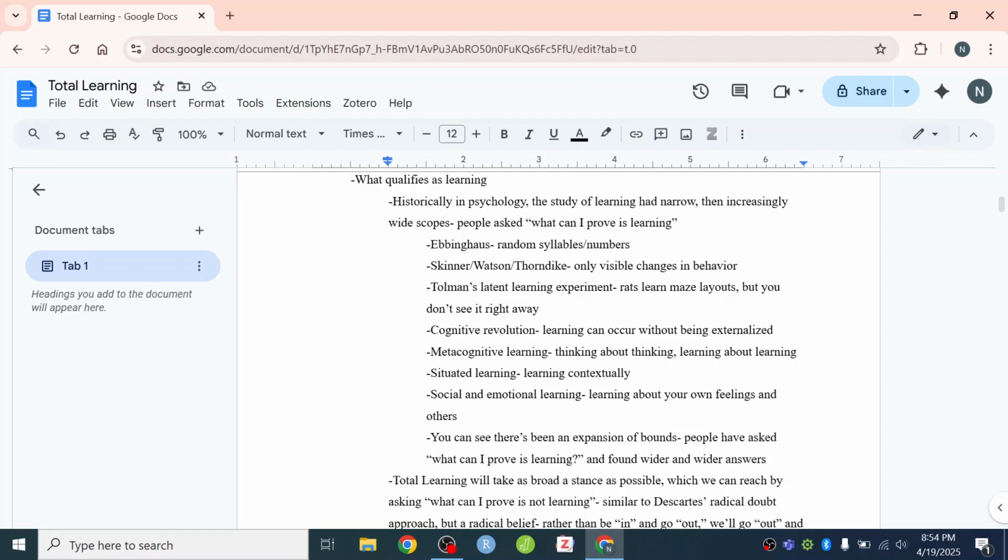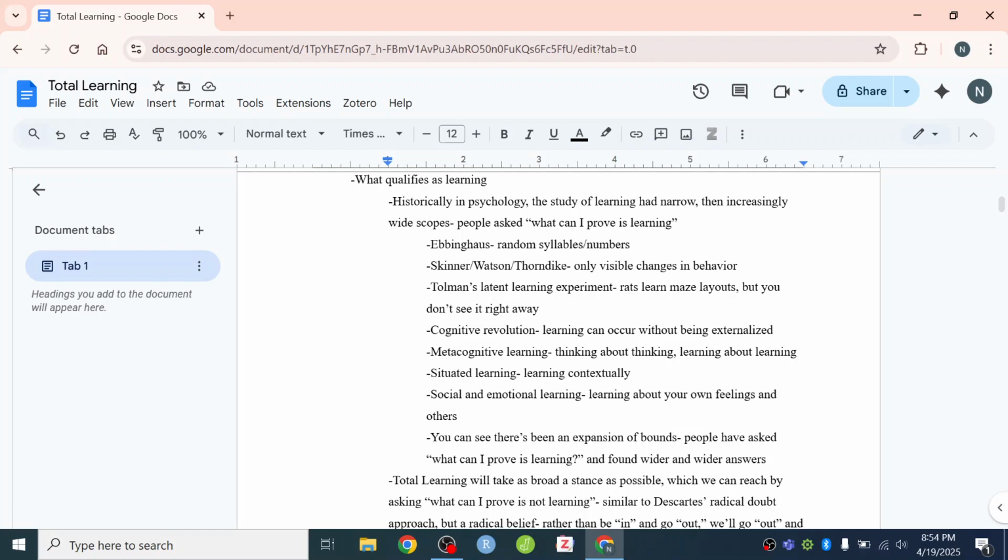So let me try to illustrate this point. One of the earliest people to study learning and memory was Ebbinghaus, who did so in the 1800s. He started off doing tests on himself, so a single subject, trying to memorize strings of random syllables and numbers.